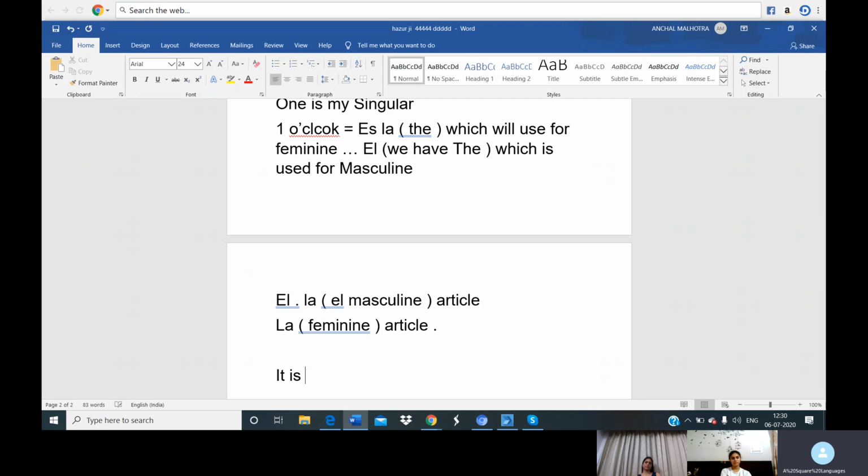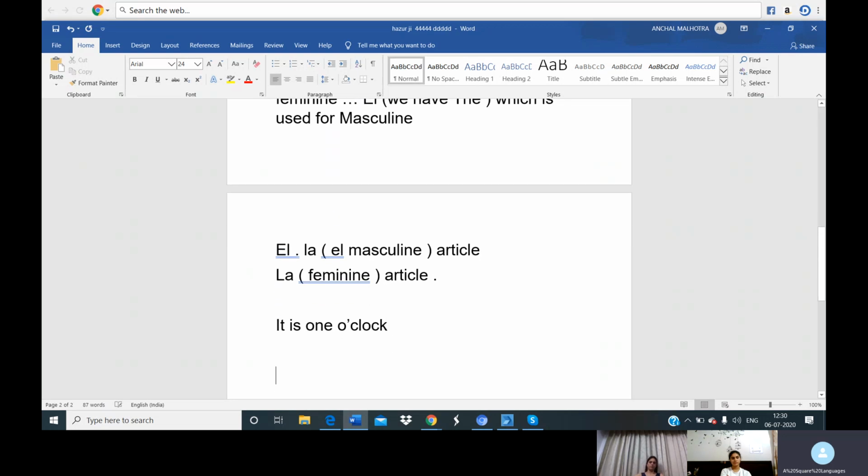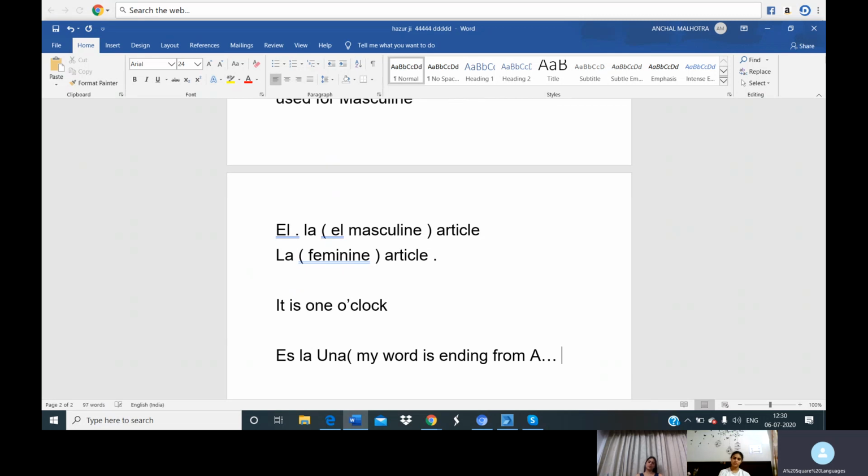So if I'm saying it is 1 o'clock, very simple, you will use "es la una". La is my feminine, because we say "una". Es la una. As explained to you, if my word is ending with "a", in 99% of cases, my word is feminine.